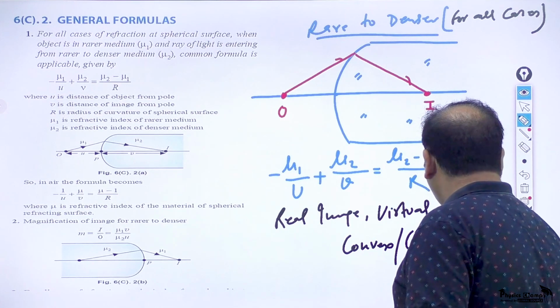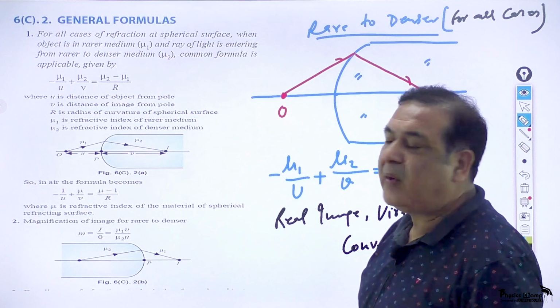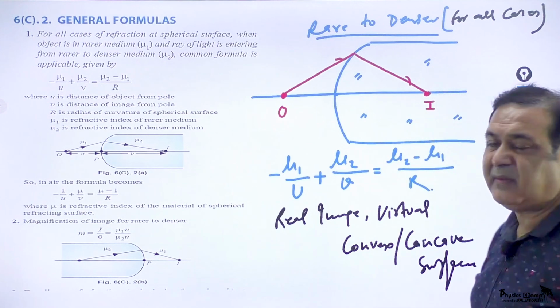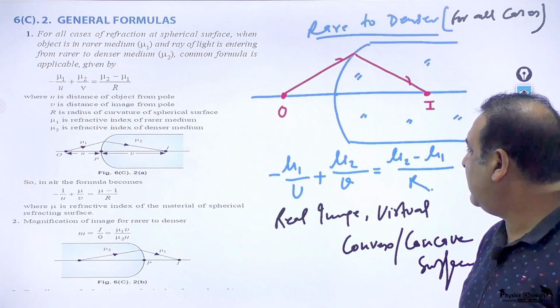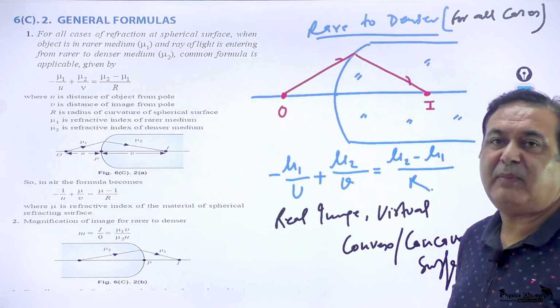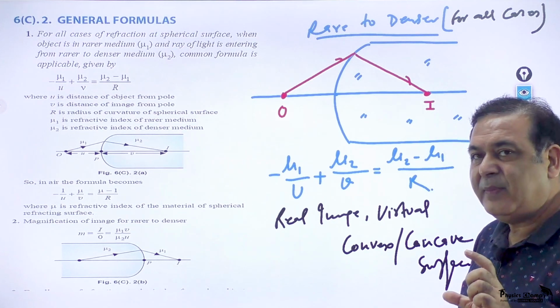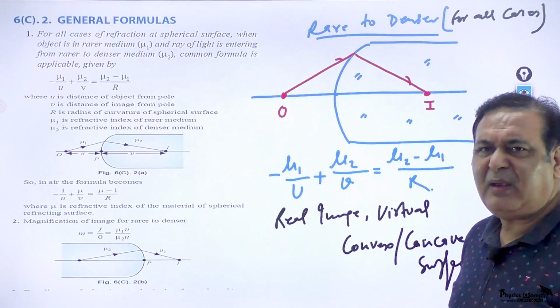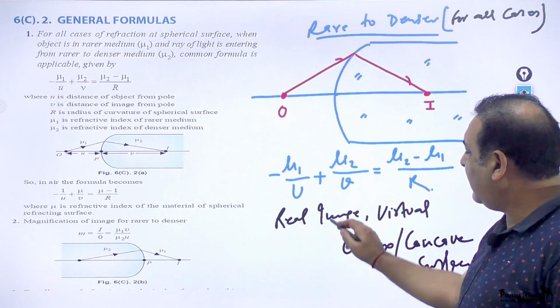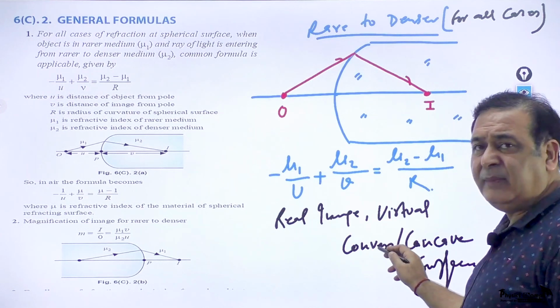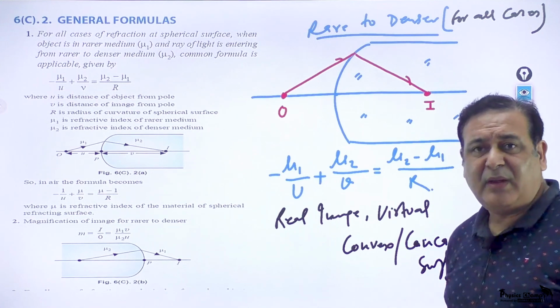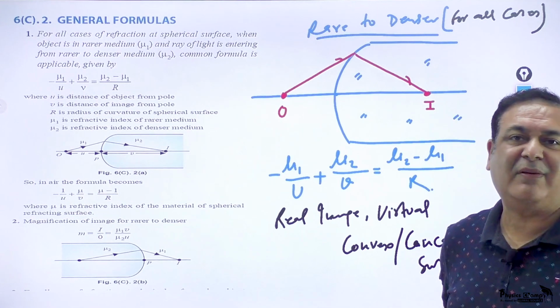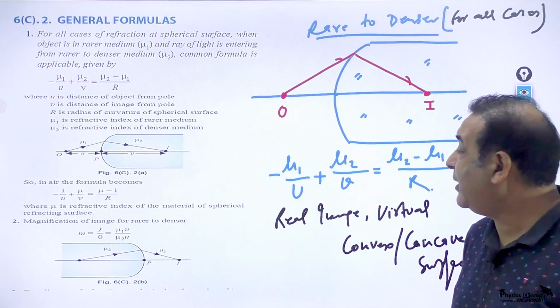For all cases of rare to denser, the formula for the spherical refracting surface will be minus mu1 over u plus mu2 by v is equal to mu2 minus mu1 by r. तो आप कई थोड़ा कंफ्यूज हो सकते हैं कि ऐसा कैसे कि रियल इमेज, वर्चुअल इमेज or convex refracting surface या concave refracting surface, in all cases, for all cases of rare to denser, the formula is same that we are going to prove.